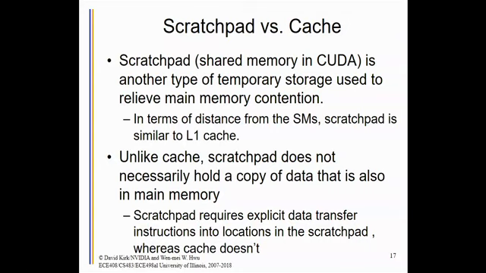Whereas if you use caching, you only mention the variable in your code, and then the variable will be loaded into a register. But in the process, the hardware transparently takes that value and its surrounding values and puts them into the cache without additional instructions. You don't need to do anything extra. The hardware does all this for you.